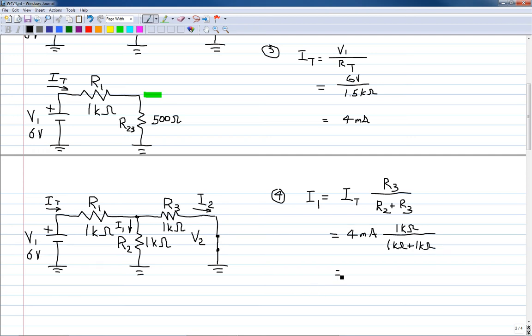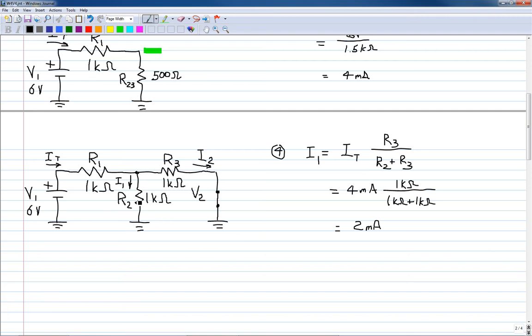Plugging these into a calculator tells us that I1 due to V1 is 2 milliamps. So we know the current flowing through R2 is 2 milliamps and it's going down.